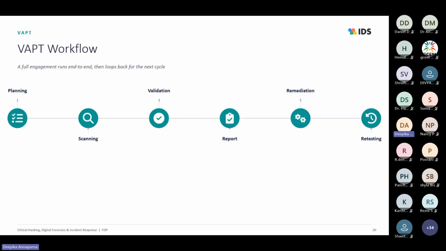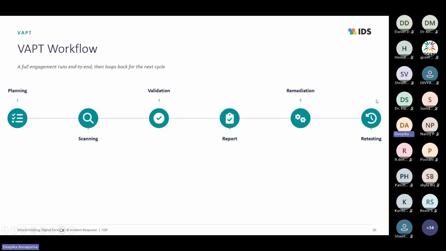The report will include the executive summary of the issue, the vulnerability details, the severity levels, the business impact, and screenshots of the evidence. Everything will be written, and the remediation steps also will be written in the report. Then the remediation will be done by the organization for the application or the website.